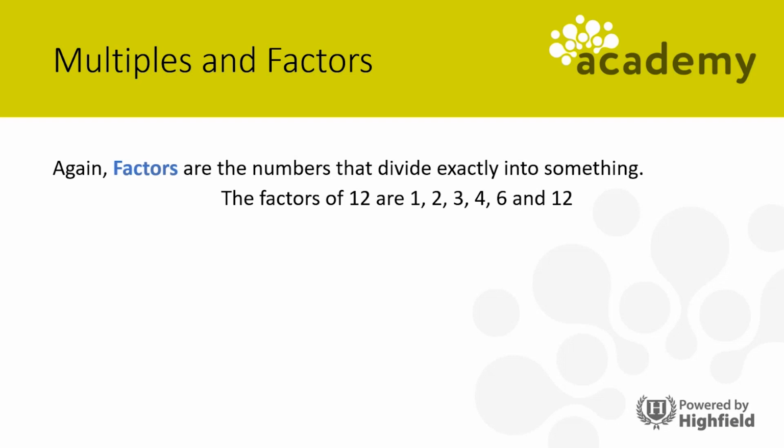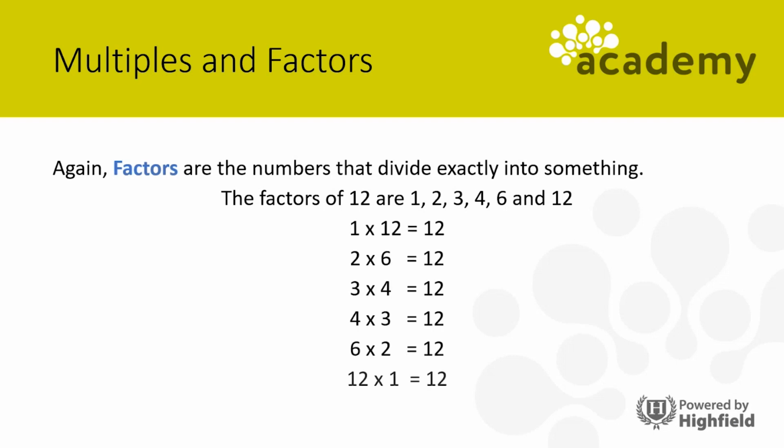The factors of 12 are 1, 2, 3, 4, 6, and 12. You can see from this list that all of these numbers would be factors of 12. For instance, 2 times 6 is 12, so if you divide 12 by 6, you would get 2, and so on.